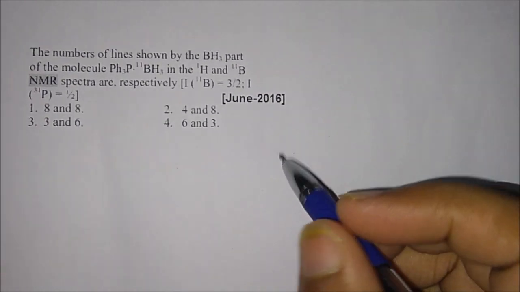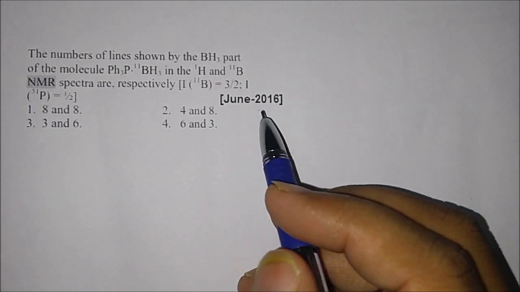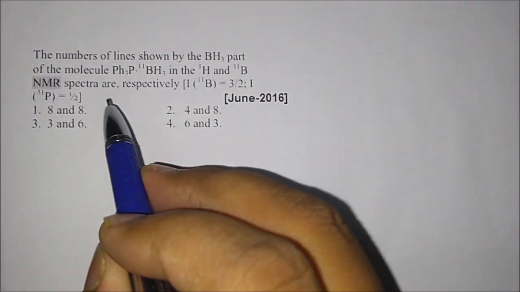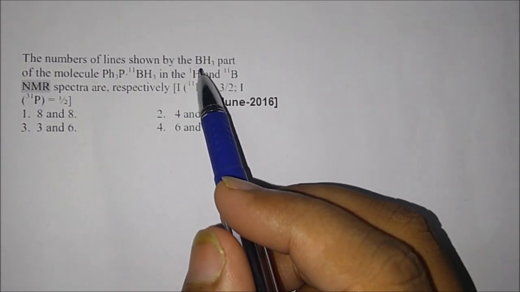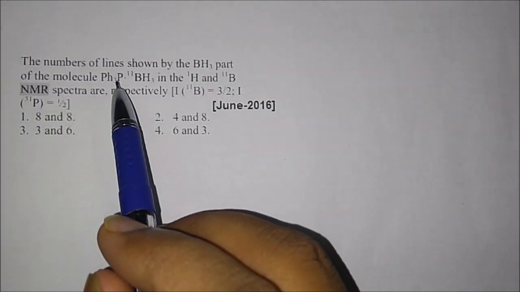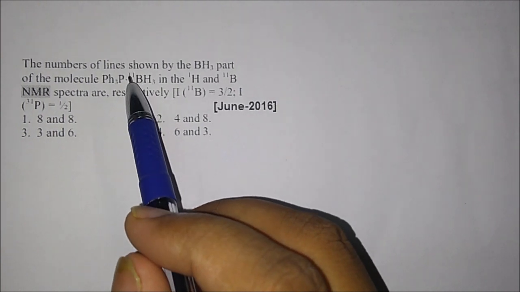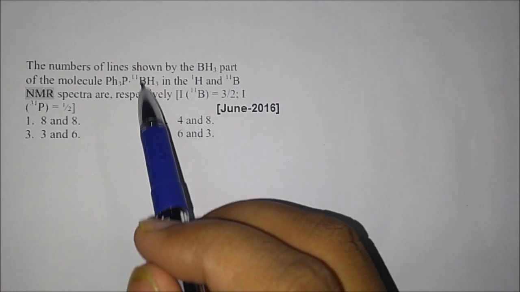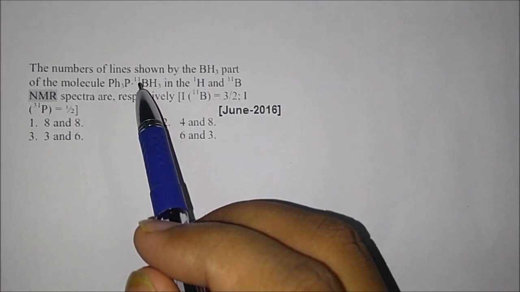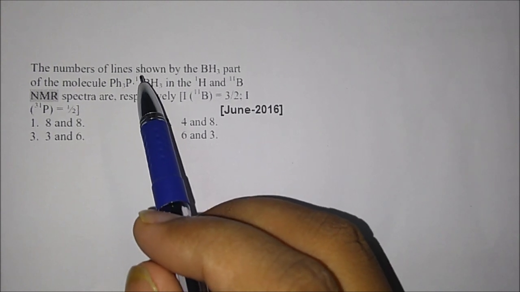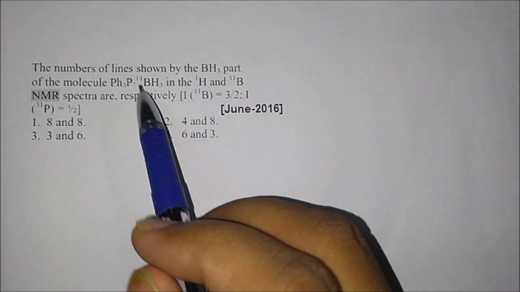Okay, so let's talk about this question. It was asked in June 2016, and the question says the number of lines shown by BH3 part of the molecule PH3P, like BH3, alright, so it's given 11, that is the B11 isotope of boron.